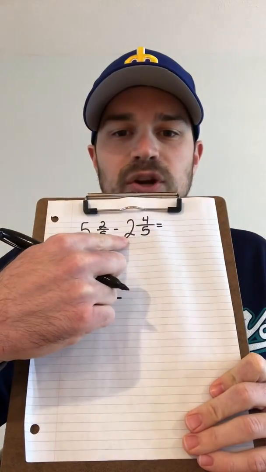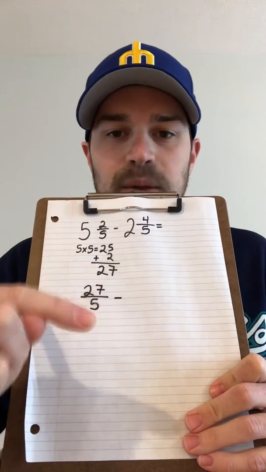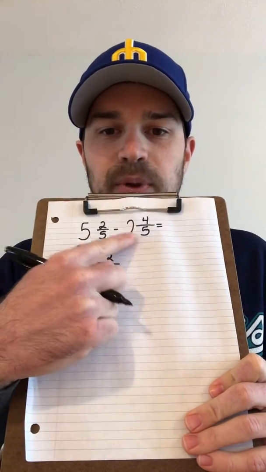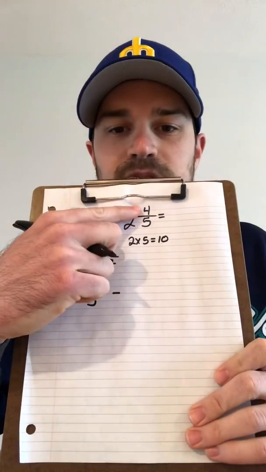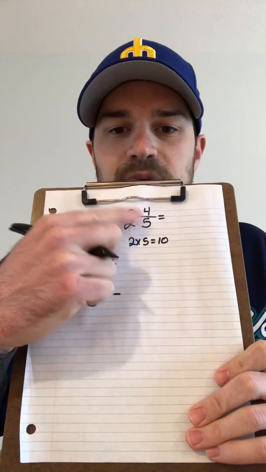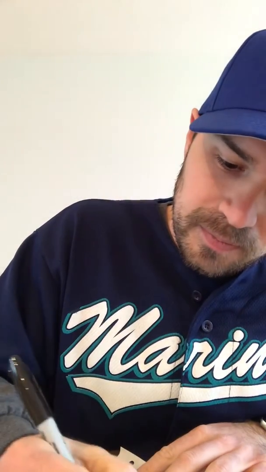So we're going to change over 2 4/5 into an improper fraction. Again, multiply the whole number by the denominator, so 2 times 5, which is 10. Then you add in the numerator. In this situation, it's 4, so it's going to be 10 plus 4, which is, thank you, Jaden, 14.